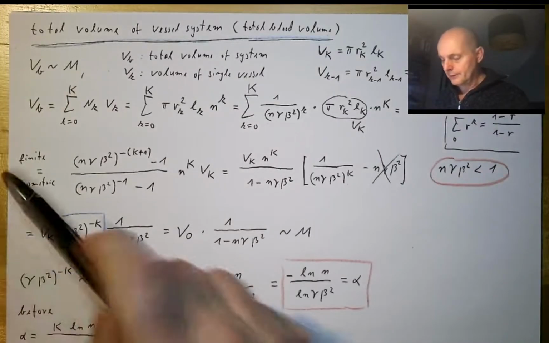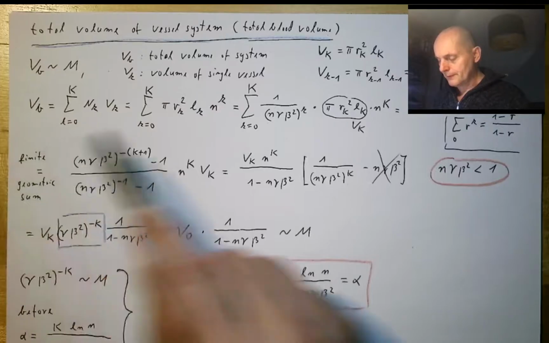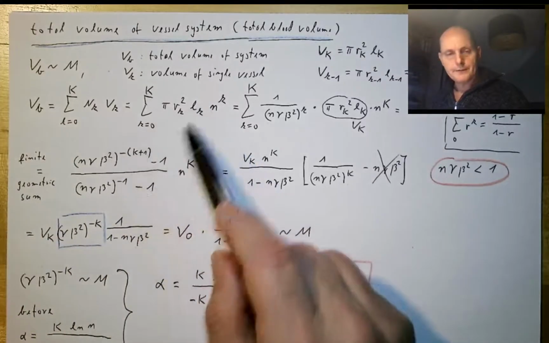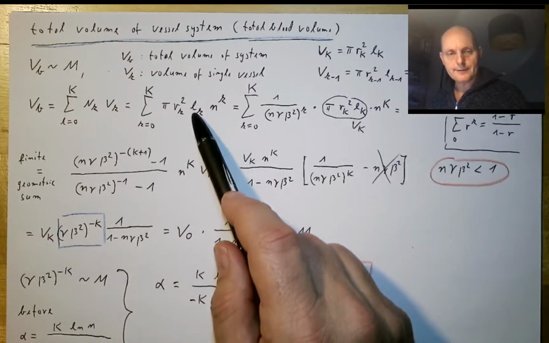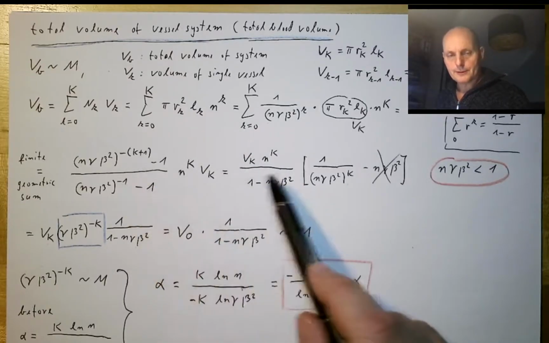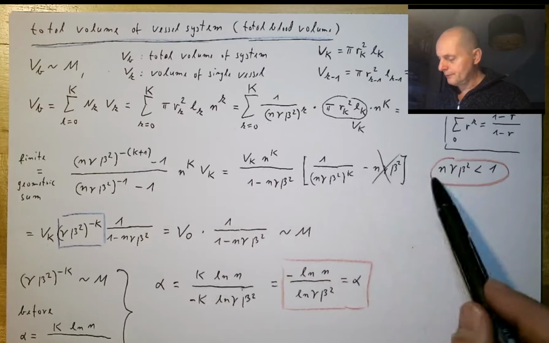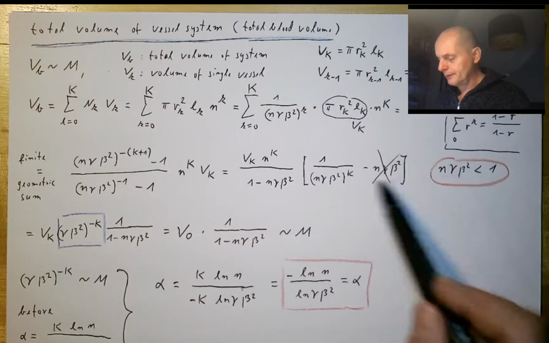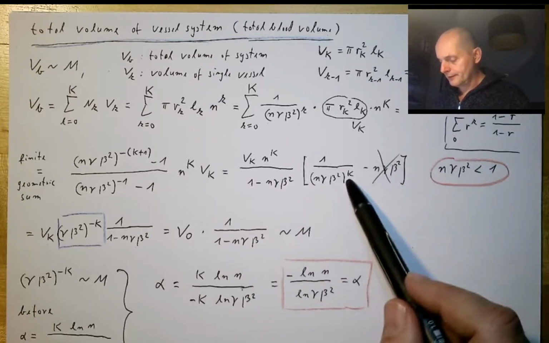we calculated the total volume of the system, and we had the sum of all volumes of vessels of all sizes. That was a geometric series which we could work out, and we could assume if this product here is a small value, we could simplify this.